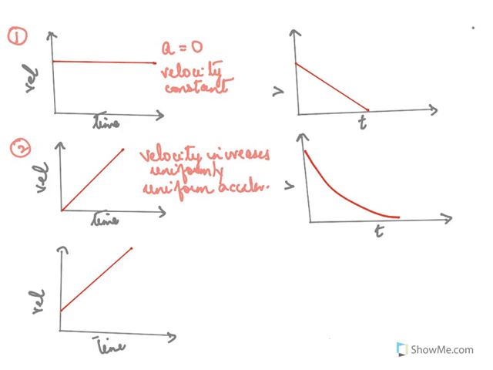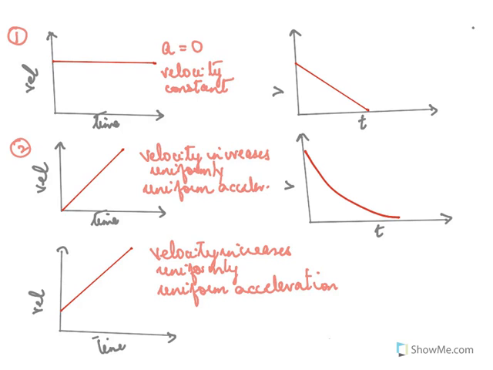In the next one, also the velocity increases uniformly. And hence this also is uniform acceleration. But what's the difference between these two graphs? Here see the body starts from rest. Here body starts from rest.